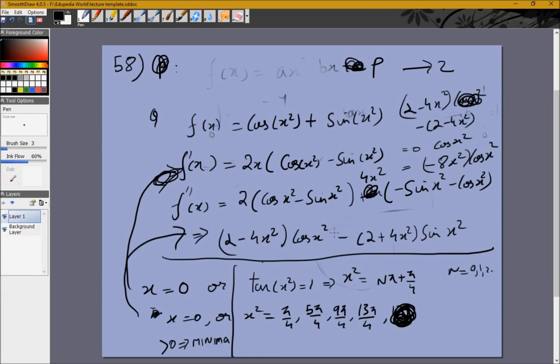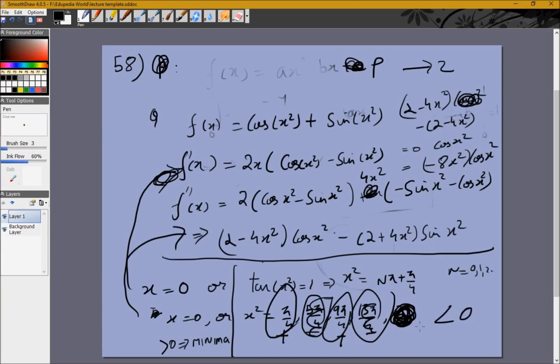So minus 8x square is always negative, but when is cos of x square or sin of x square negative? They are positive in these two cases because it's in the first quadrant, they are negative here. Right. So 5 pi by 4 and 13 pi by 4 are the two values for which cos of x square is negative. Oh, hang on, so we don't need negative. We need the total thing to be negative, so it to be positive. So pi by 4 and 9 pi by 4 are the two values where f double dash x is actually less than 0.